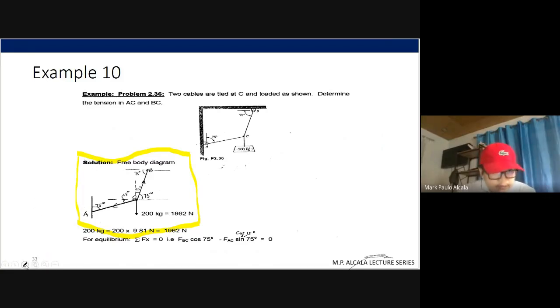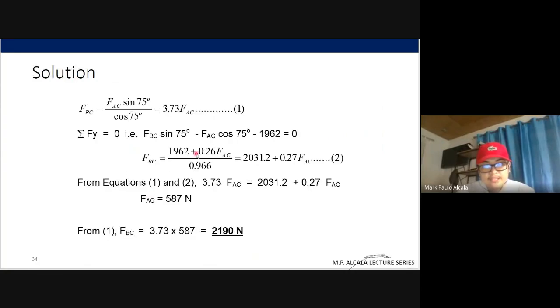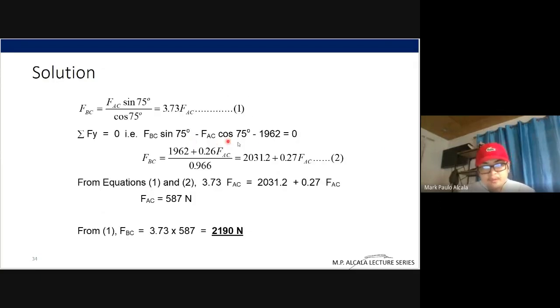Let me delete first so you can see properly. This one is the sine, the y-axis for rope BC, and then FAC. Why cosine? Because we have here the adjacent, cosine 75 degrees. That will be this one. Negative, pointing downwards, minus 1962. What is 1962?